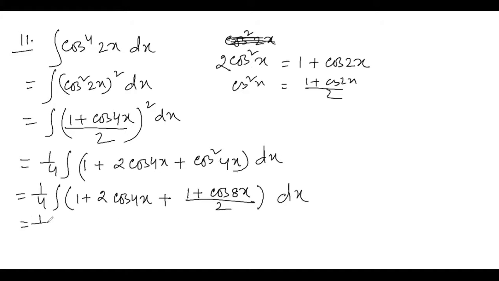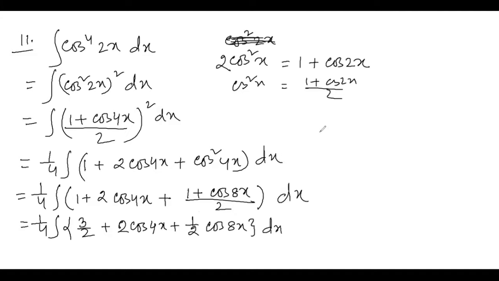So that means 1 by 4 integration of 1, and here the half added makes 3 by 2, plus 2 cos 4x plus 1 by 2 cos 8x, dx.